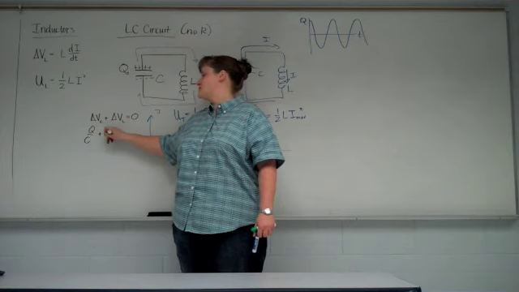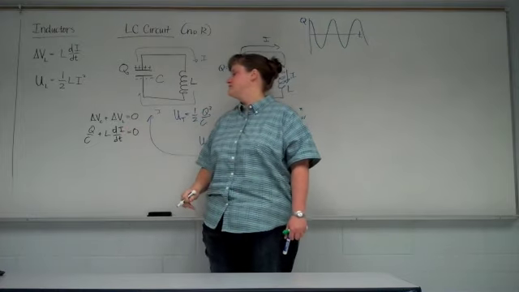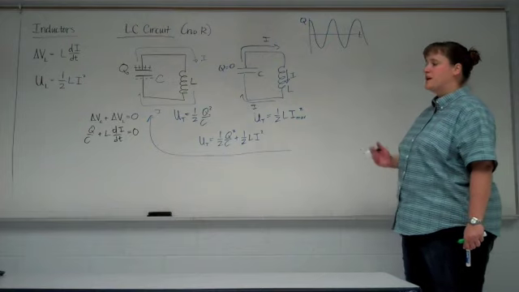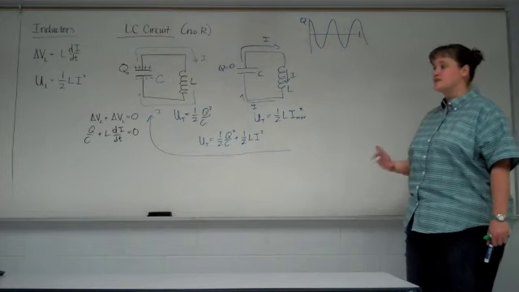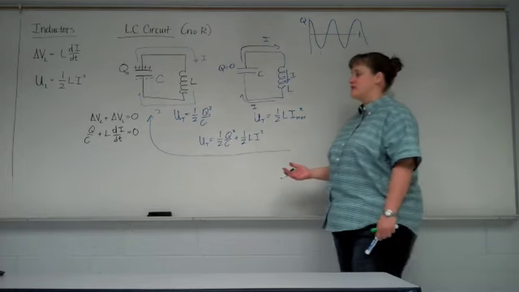Now we know the voltage drop across the capacitor is Q over C, and we know the voltage drop across the inductor is L di dt. But current is defined as dq dt, the rate at which the charge is changing.